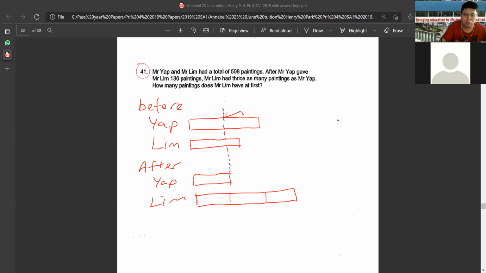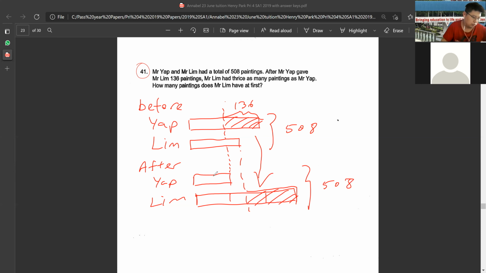So this is 136. This 136, can you see? Yes. Then you have 3 times of it. So throughout this whole time, their paintings is always 508.